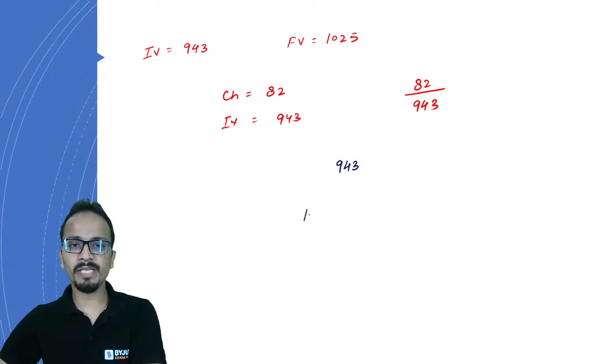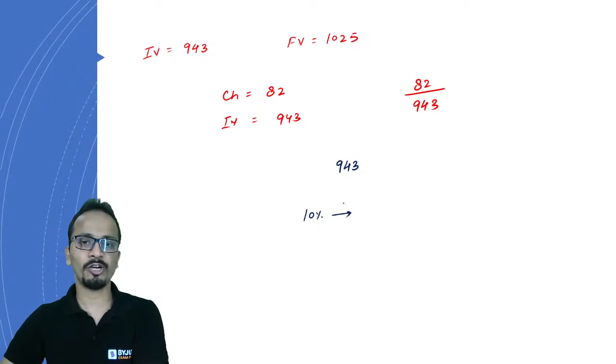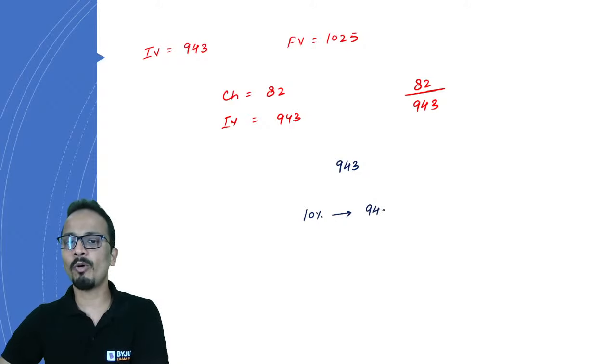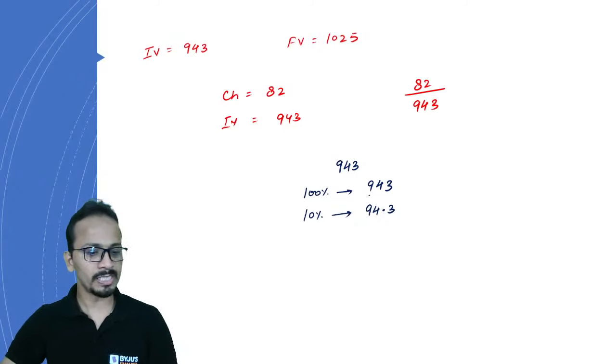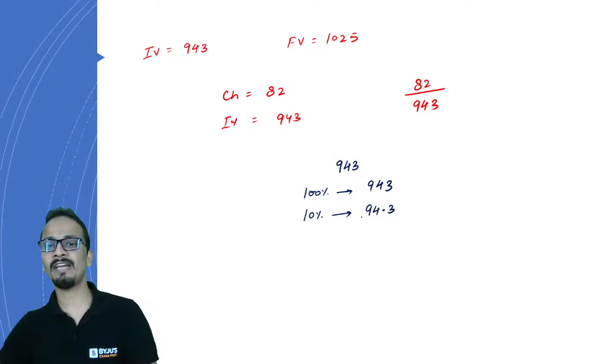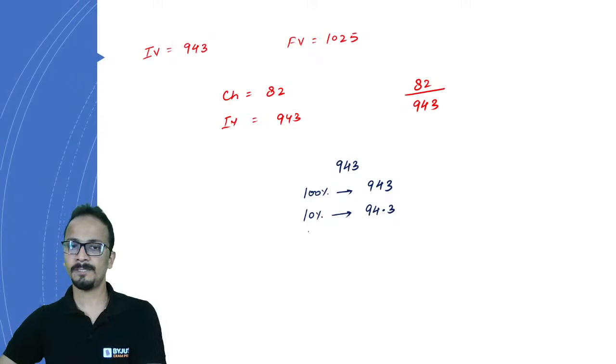Now all of you tell me what will be 10% of 943. 10% of 943 will be 94.3. First of all, let me write 100%. 100% of a number will be the number itself. So 100% of 943 will be 943 itself. So 10% of 943 will be 94.3.